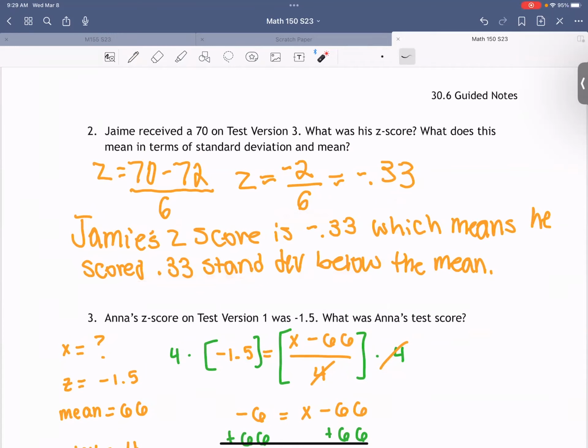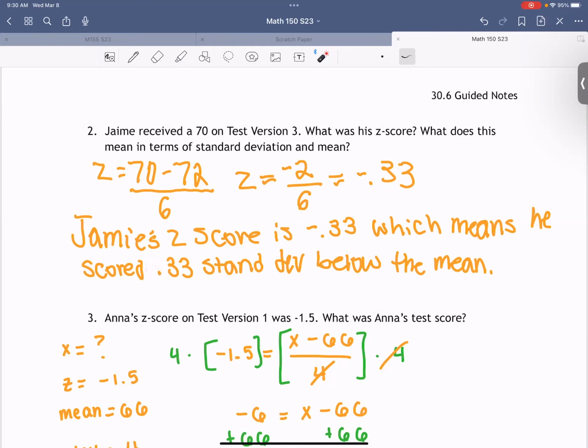When I read this, at first I thought it was totally fine. I don't know why I was reading this wrong. One thing I would really nitpick: interpreting a z-score is kind of weird because you have to write it in words. I saw a lot of people write Jamie scored negative 0.3 standard deviations below the mean. Saying you scored negative below the mean doesn't really make sense.